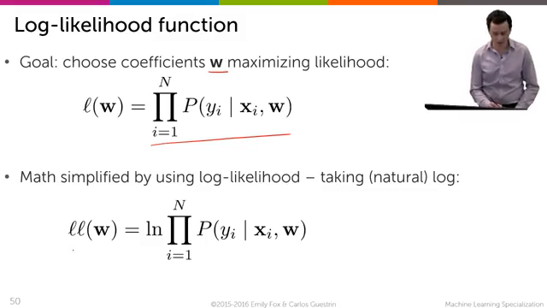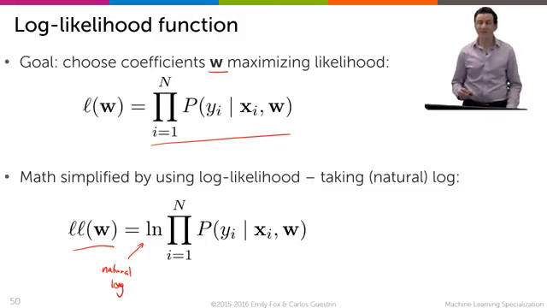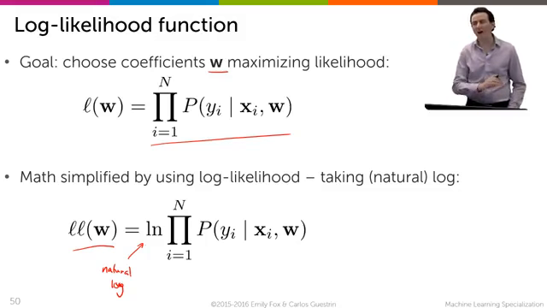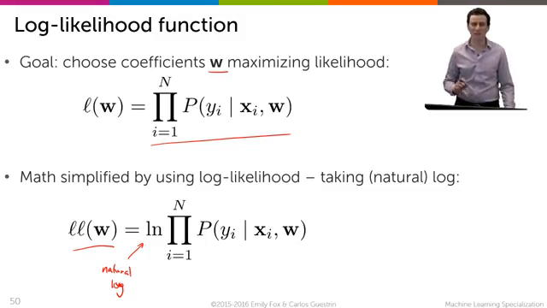I'm going to call that LL of w, and this is the natural log, ln, of that product. For most machine learning, especially for probabilistic stuff, you often take the log, and it usually makes your math a lot simpler. So logs are your friends.